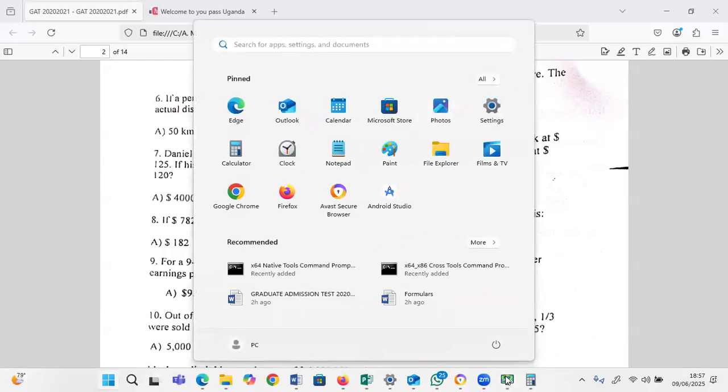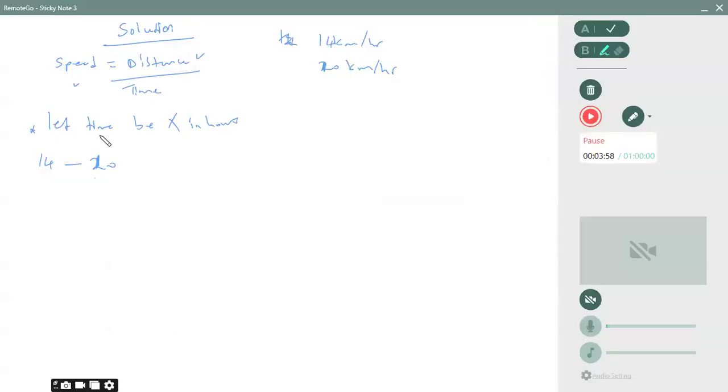So in this case, what do I mean? If we have said that let time be x, what does it imply? It implies that it is 14x, like 14 times, minus the 10 times. It has to give us 20 kilometers that were walked.